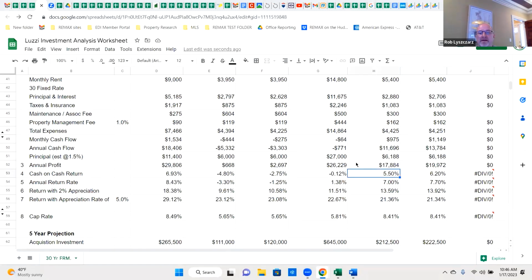You'd have a 5 to 6% cash on cash return. Annual return rate would be 7 to 7.7%, which is including the repayment of principal. With a 2% appreciation rate, it's getting you an annual return of 13%. And with 5%, it's giving you an annual return of 21%.